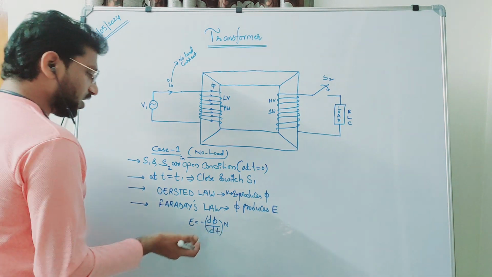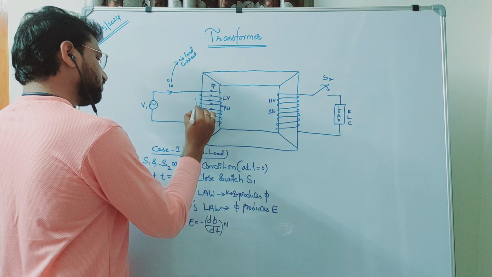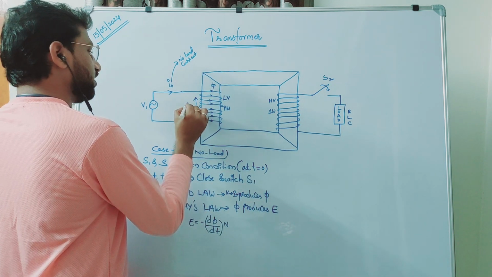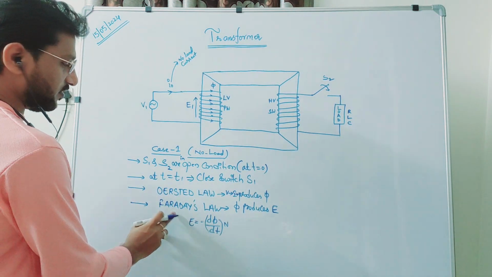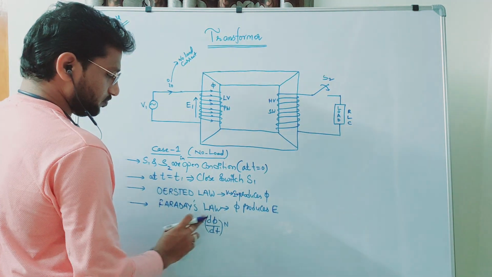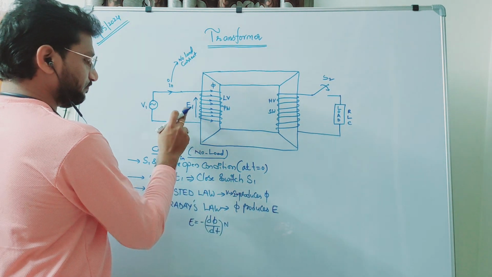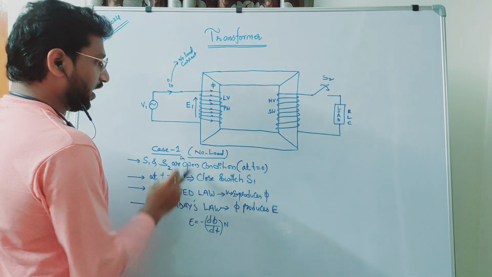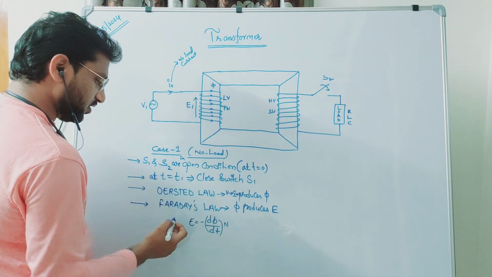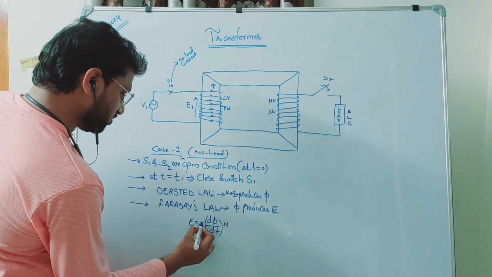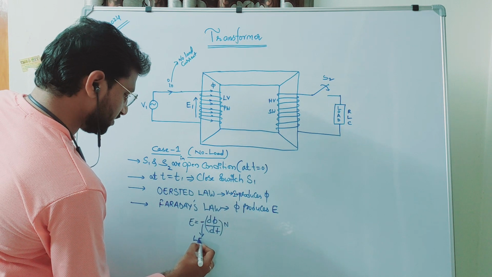According to this rule, there is one EMF produced here, which I am taking as E1. Some EMF is produced in the primary winding, named E1, and the direction of this E1 is exactly opposite to the direction of V1. It is because of this sign. This is due to one more law, that is Lenz's law.